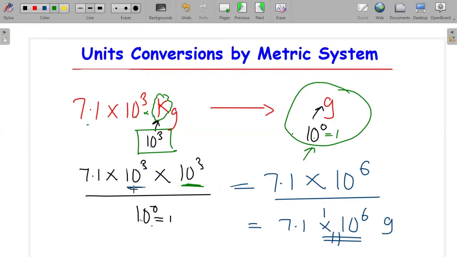So that's what I did. Now on top there, you can notice that I have 10 to the power 3 and 10 to the power 3, so these bases are the same. What did we learn at grade 12? If we are multiplying two bases that are the same, you simply add the powers. So this was the 6 that we got there. And then these ones will just be in grams.